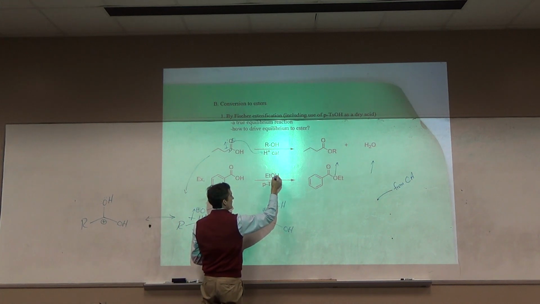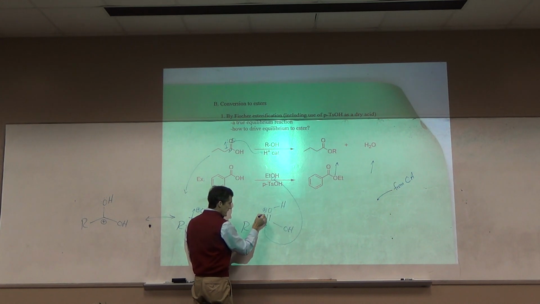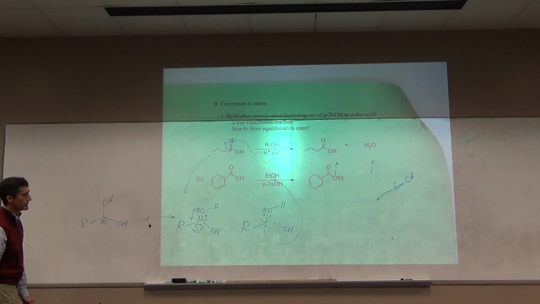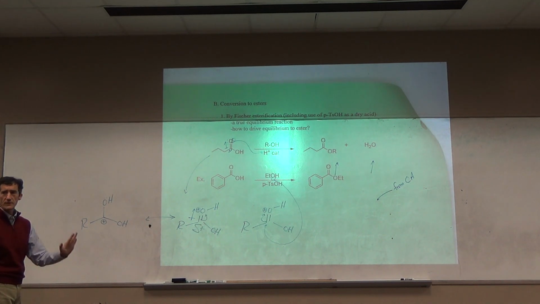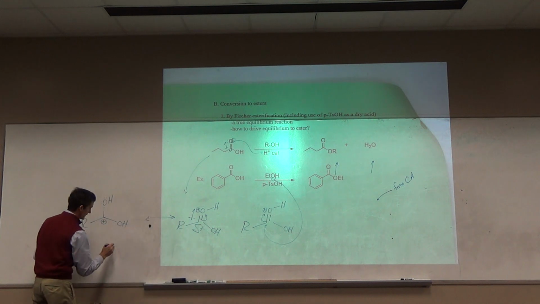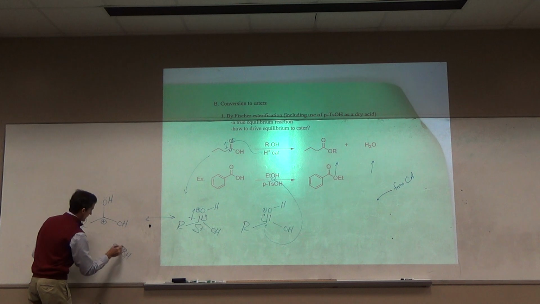The alcohol then attacks here, and we move these electrons there. You can always work with any resonance structure. We could have done resonance first, and then add the ethanol just right there.